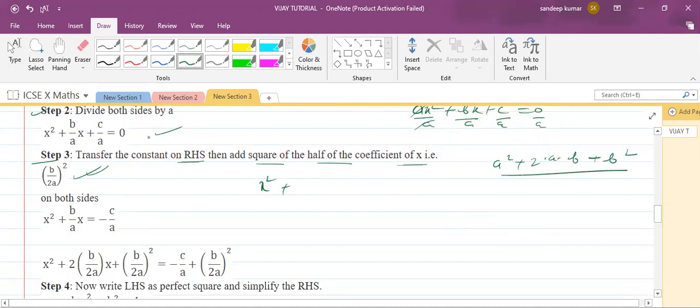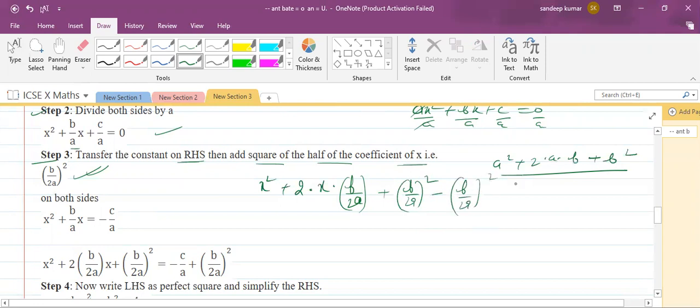So here a square is x square, plus 2ab: 2 into a is x only, and b is b by twice of a. The 2 gets cancelled, so it is b by a x only. What is missing is b by 2a whole square. So b by 2a whole square you have to add and also subtract, so that the equation remains the same, plus c is equal to 0.